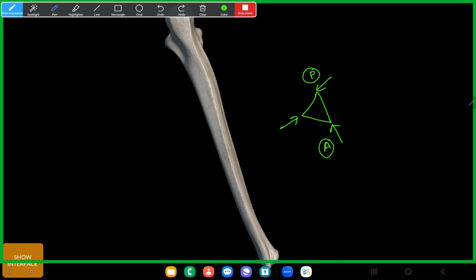Those are the medial surface, the anterior surface, and the posterior surface.